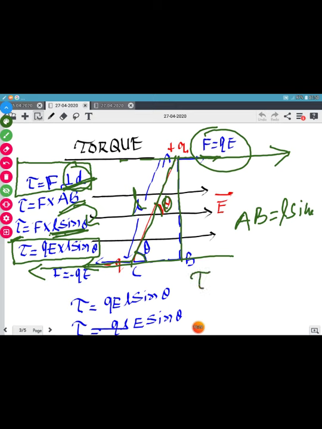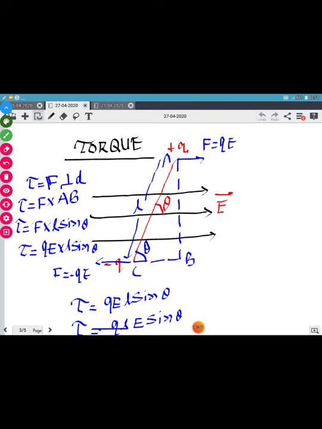So tau is equal to qEL sine theta, where E is the electric field, q is the charge, L is the distance between the charges of the electric dipole, and theta is the angle between the electric field and the electric dipole, taken in the anti-clockwise direction.